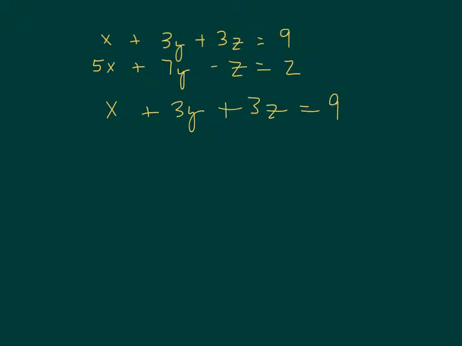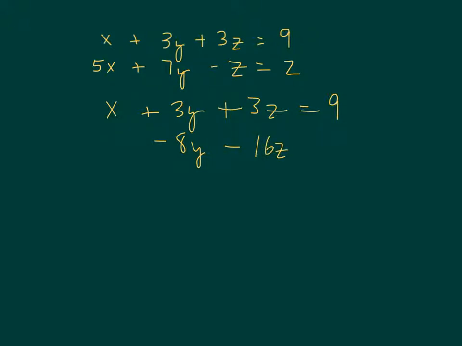So if we were to multiply equation 1 by -5 and add that result to the second equation, we would get 0x, -5 times 3y is -15y, plus the 7y makes -8y. -5 times 3z is -15z, plus the -1z that we have here will give us -16z.